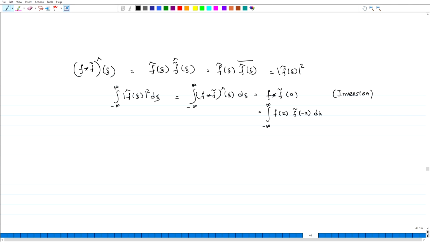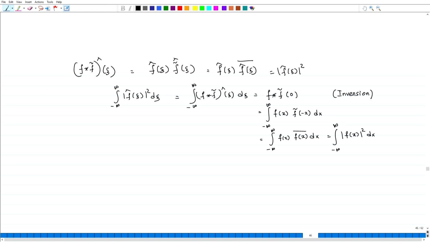This is the definition of convolution. Since f tilde of minus x is f x bar, this is the integral of f of x times f x bar dx, which is nothing but our required quantity, that is mod of f of x square, and this proves the Plancherel formula.